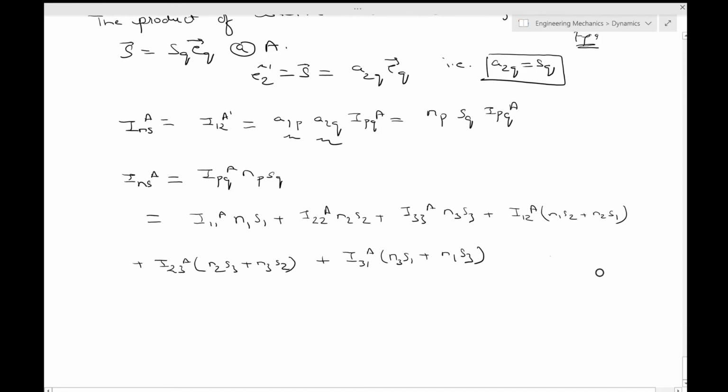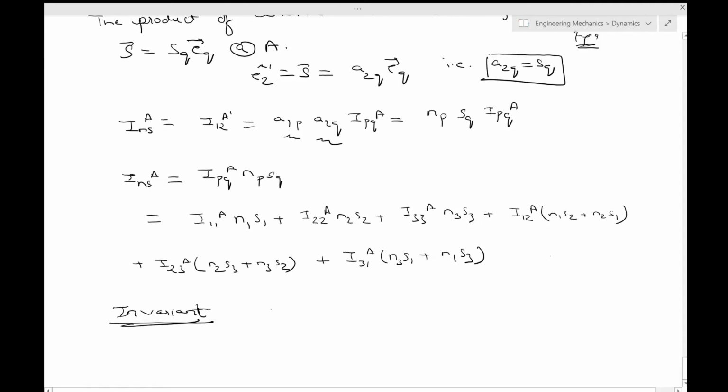Now some of the terms are actually invariants. I will explain what an invariant is. What it means is that no matter what transformation your coordinate system goes through, the value of this invariant does not change, and that's why it's called an invariant. So under any transformation, this particular value will remain the same.